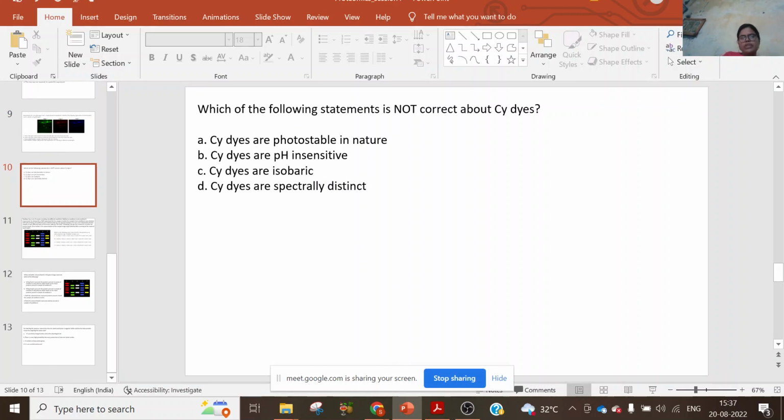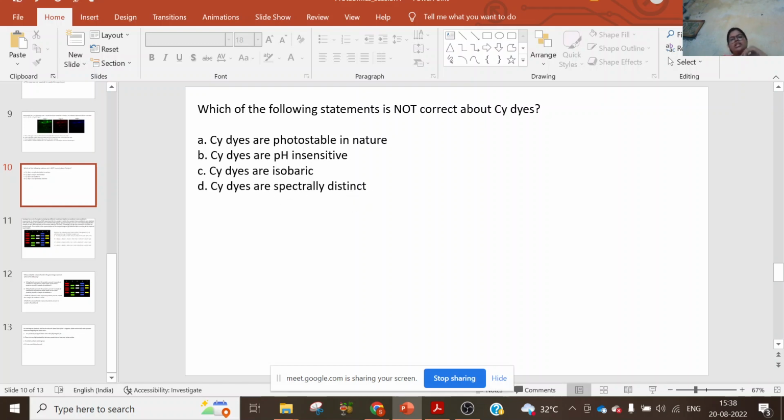So Cy dyes are used for this DIGE experiment, as I discussed in the earlier question. Cy dyes are photostable in nature, Cy dyes are pH insensitive, Cy dyes are isobaric, and Cy dyes are spectrally distinct.